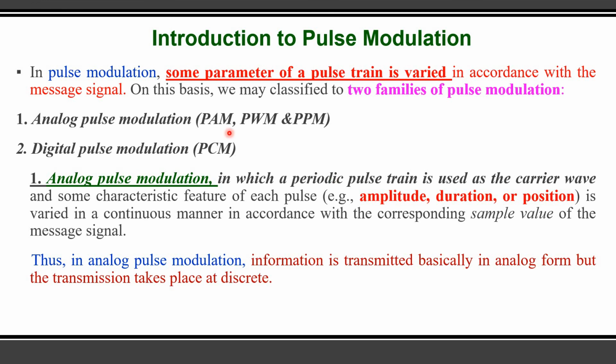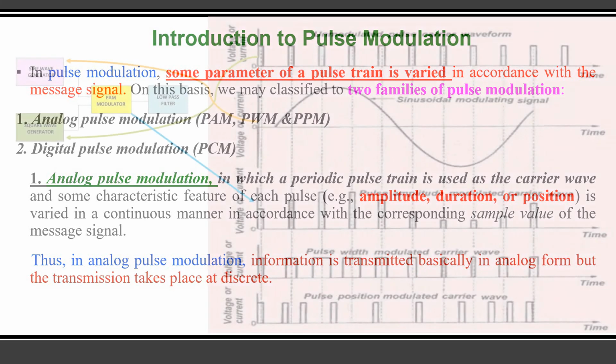Based on that, we have pulse amplitude modulation, pulse width modulation, and pulse position modulation. In analog pulse modulation, the information is transmitted basically in analog form, but the transmission takes place at discrete level.